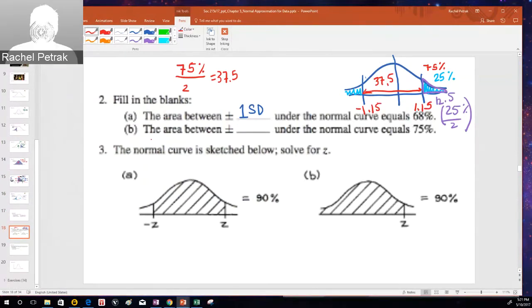And the way to answer this question would be to say the area between plus or minus 1.15 standard deviations under the normal curve equals 75%.